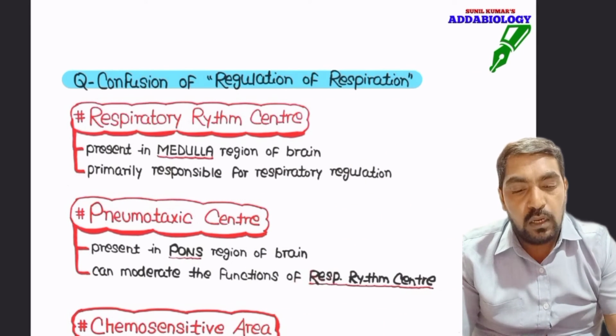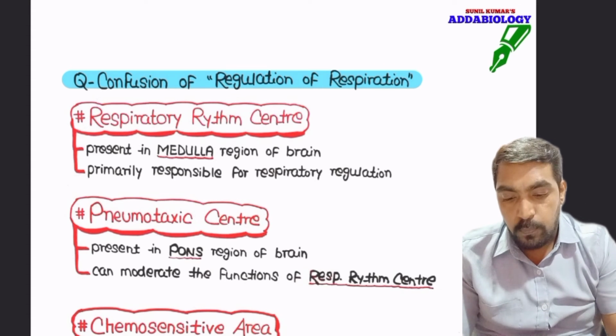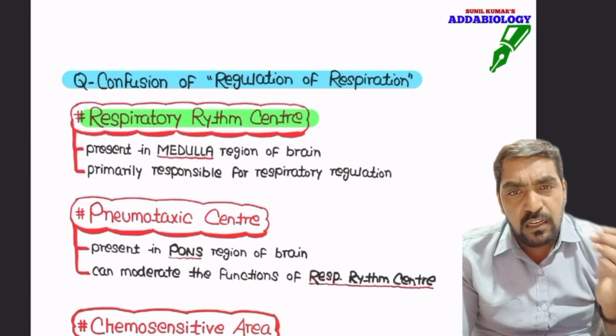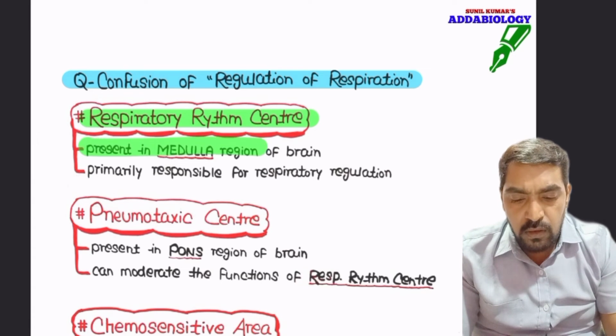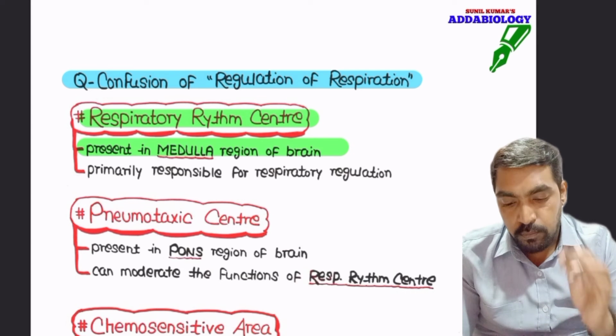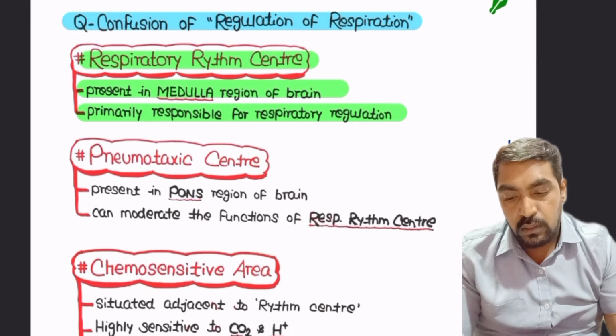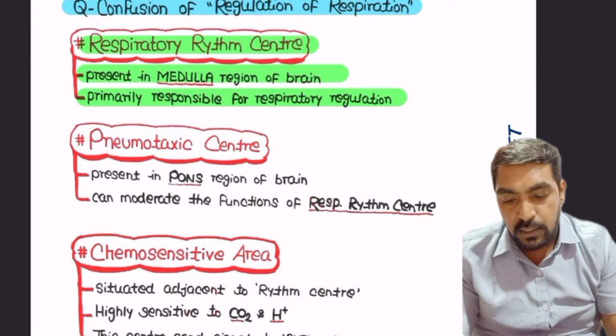Confusion with respect to regulation of respiration. Now I will solve this problem very easily for you. What are the various respiratory rhythmic centers? We have medulla oblongata, present in the medullary region of the brain, primarily responsible for respiratory regulation. That is the respiratory rhythm center.